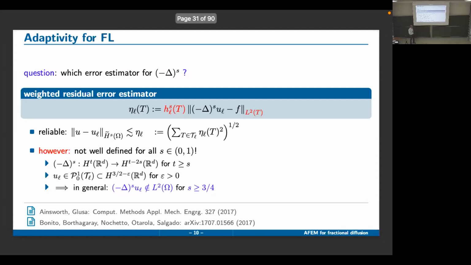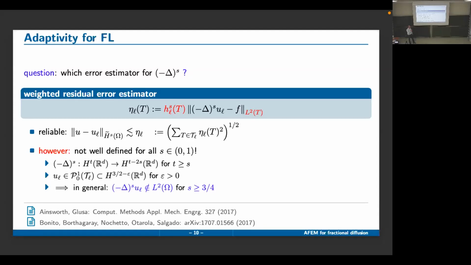Why? Well, the fractional Laplacian makes a regularity shift of 2s. So if you have the classical Laplacian, you take an H^t function, you would get an H^{t-2} function. For the fractional one, you get an H^{t-2s} function. And we plug in a discrete function here.